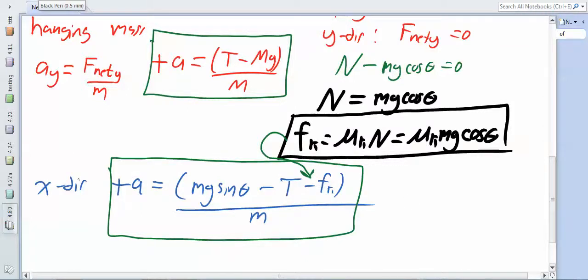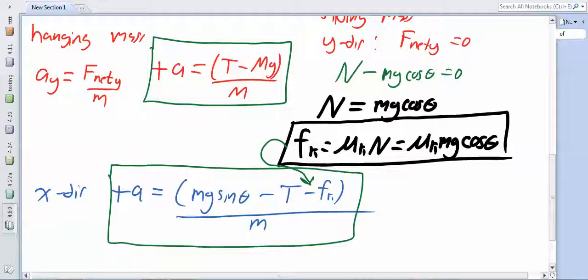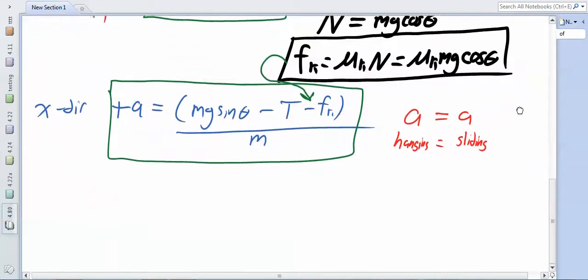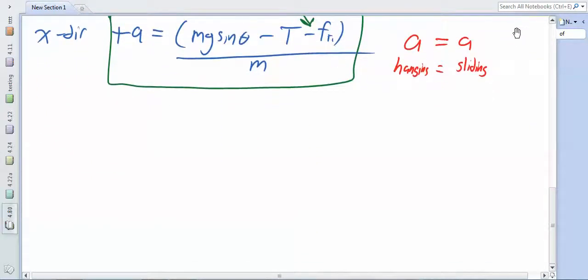So we're going to set the acceleration equal to each other. So A is equal to A, and we'll set the first A for the hanging mass equal to the equation for the A for the sliding mass that we found.